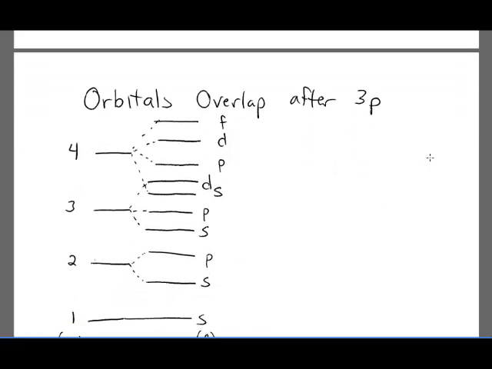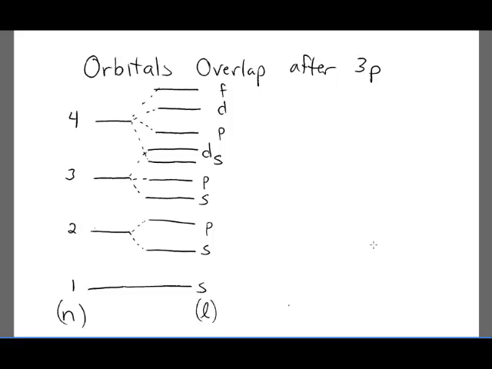All right, after we get past the third row, we just finished the third row, it turns out things get complicated because this is the order of levels in energy. We go up with energy. We did 1s, then 2s, and 2p, then 3s, 3p, but now the next level is actually a 4s, because the n equals 4 splits into s, p, d, and f, but they start overlapping with n equals 3.